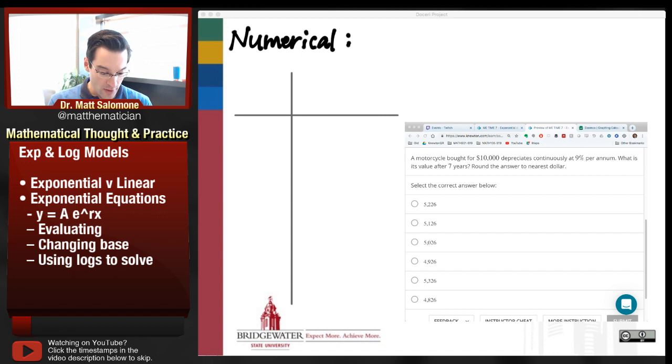And in these numbers, what I want to do is come up with a way of relating the year, the number of years since the purchase. So when this quantity is 0, this would indicate the year in which this motorcycle was purchased. And then on the other hand, I want to be able to say what is the value of the motorcycle in that year.